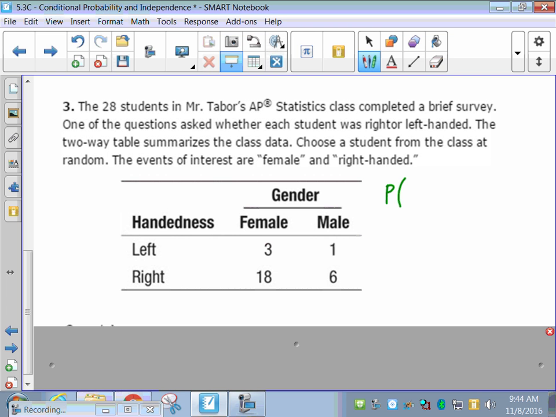So here's our formula. We can do these either way. Or you can do it this way.